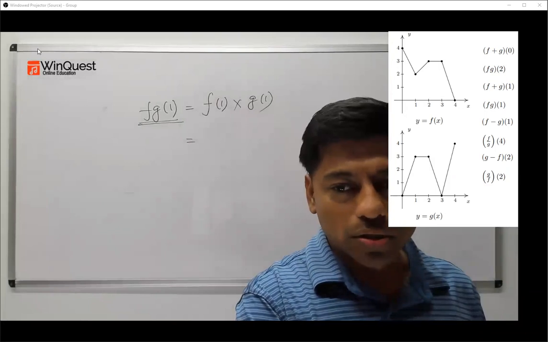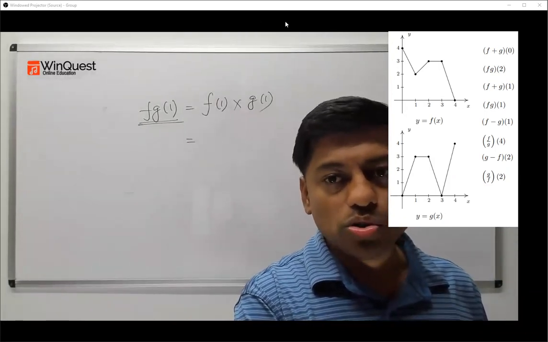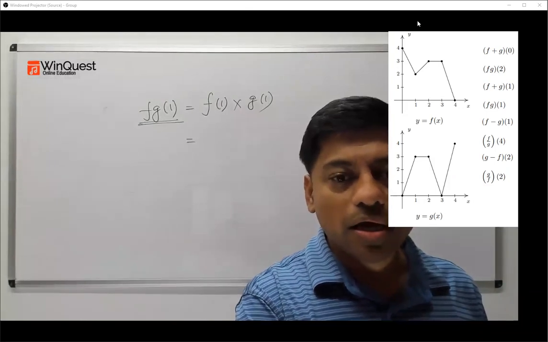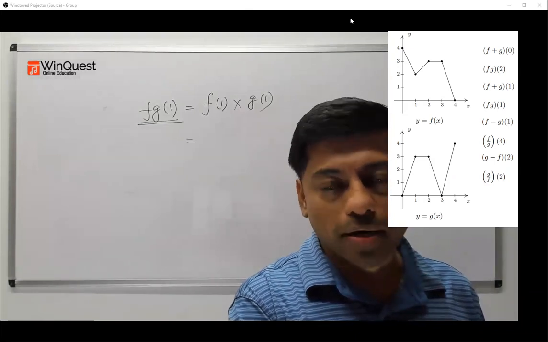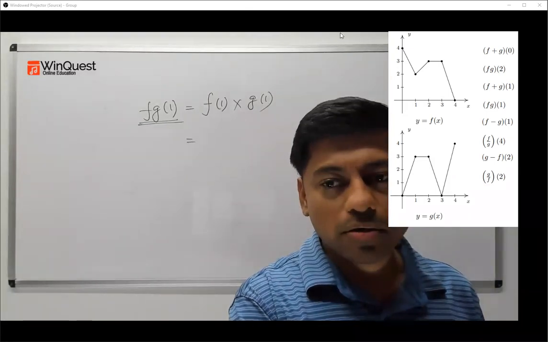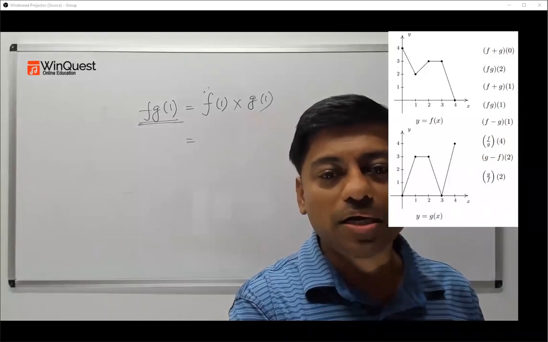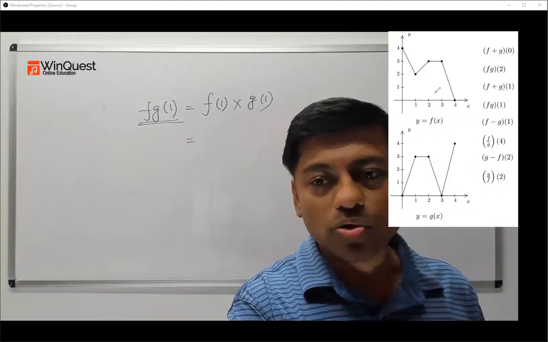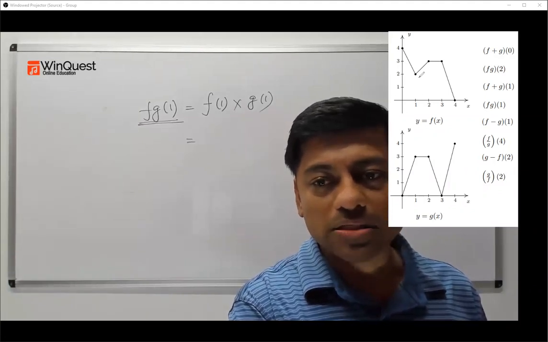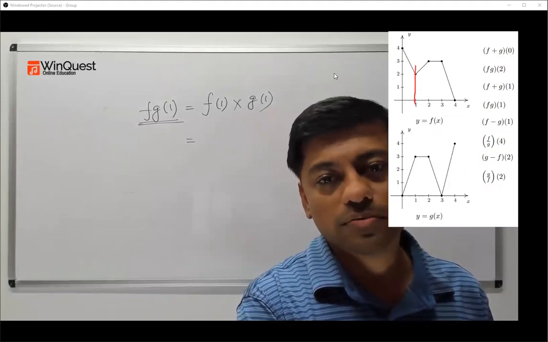Now, please note, under this graphical thing, you just have to ask yourself, if x is equal to 1, what is the y value? What is the value of y?